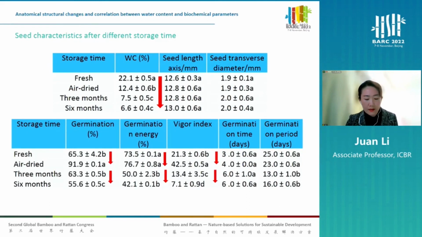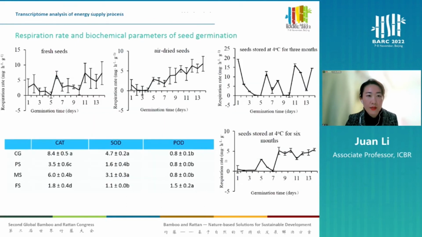With the increase of storage time, the water content of Mosul bamboo showed a gradual decline, and the germination index was higher in air-dried seed, and the respiration rate was also measured.